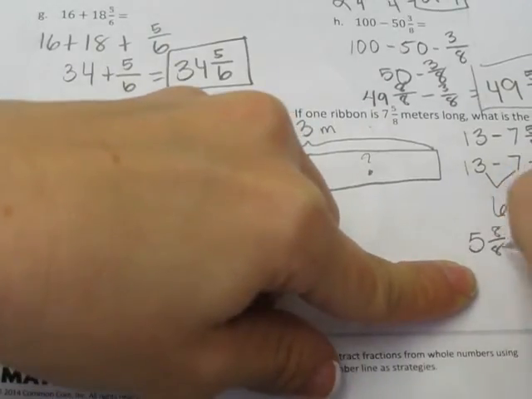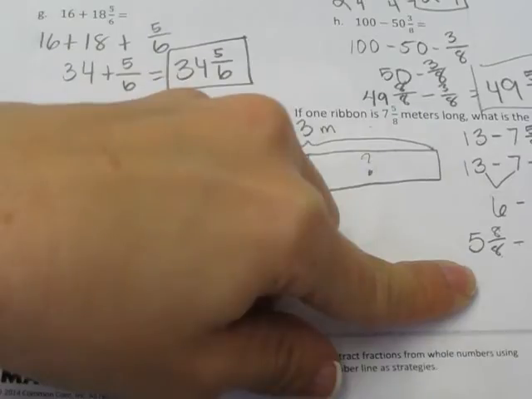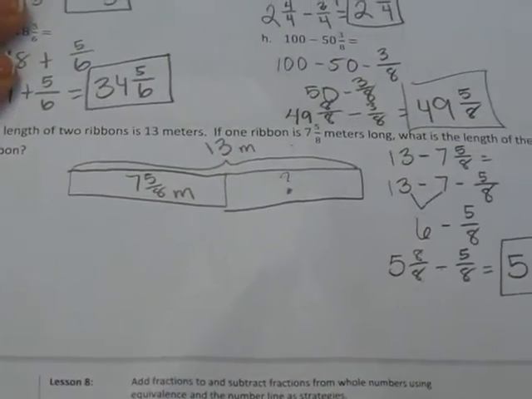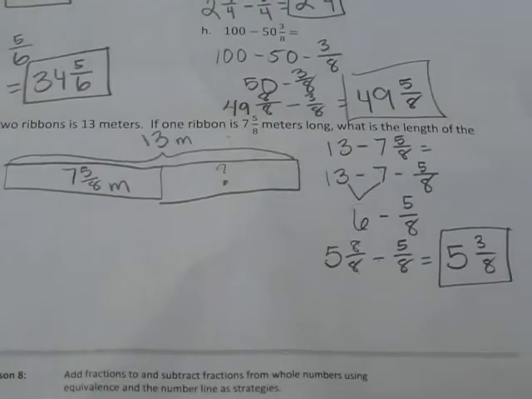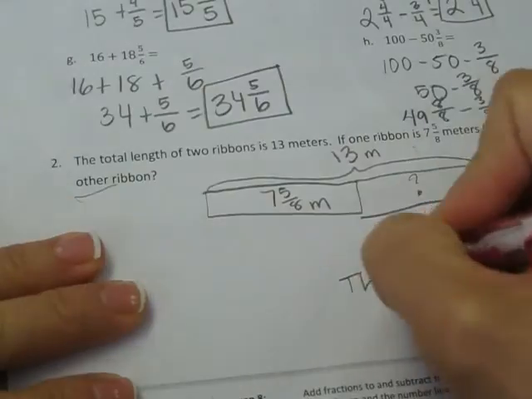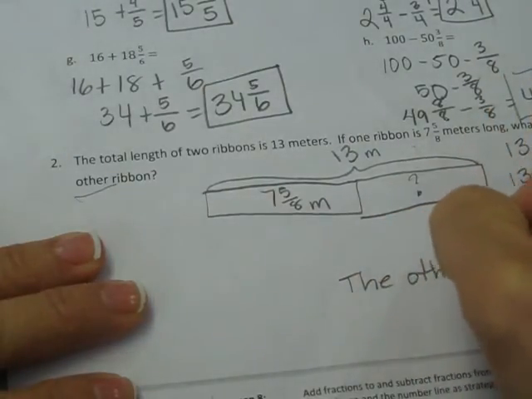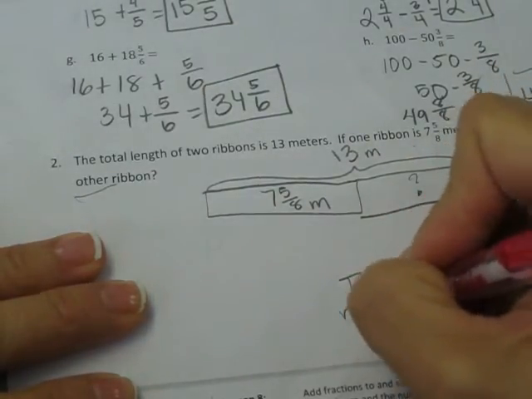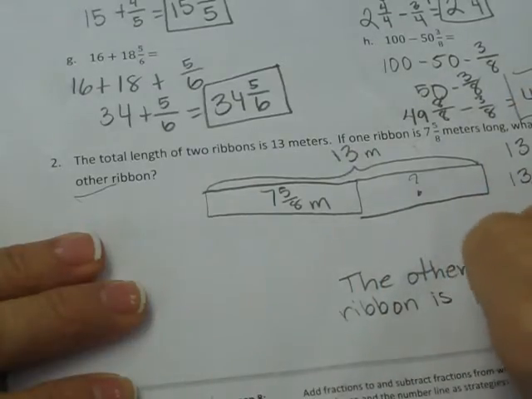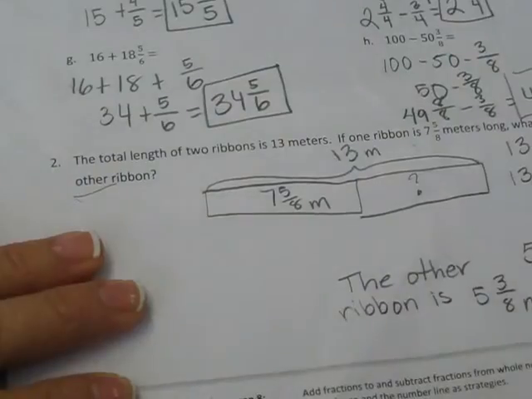So 5 and 8/8 minus 5/8 is 5, and 8/8 minus 5/8 is 3/8. And I need to write my sentence. So the other ribbon is 5 3/8 meters.